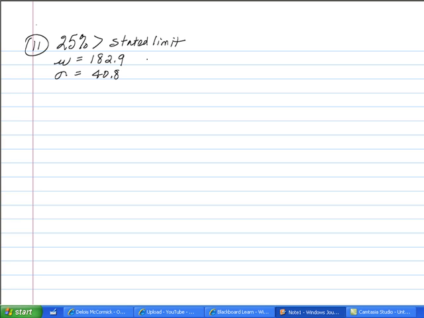So here's our 182.9 and 195.3, and we're looking at that.